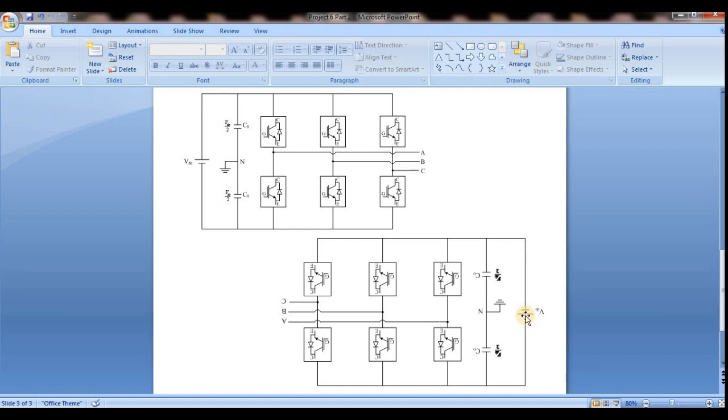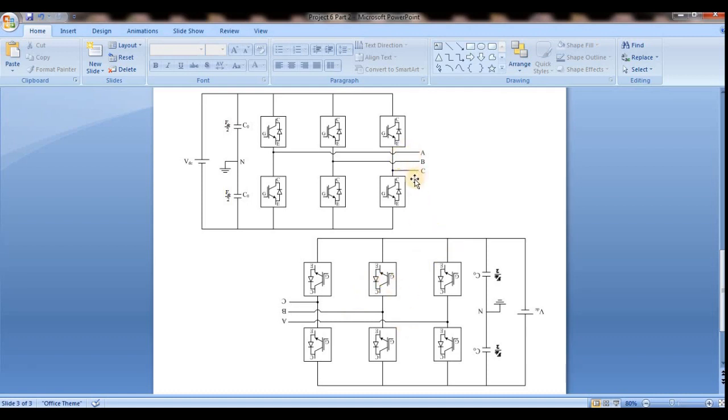In case of inverter, if alpha equal to 120 degrees, this is the conduction angle, not firing angle. So if the conduction angle is 120, up to 120 degrees my output will be present. But in case of rectifier, if alpha equal to 120, after 120 I can get the output. Before 120 it is 0. 0 means the corresponding switch won't be switched on.